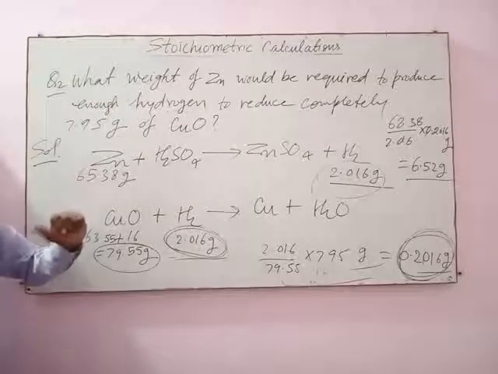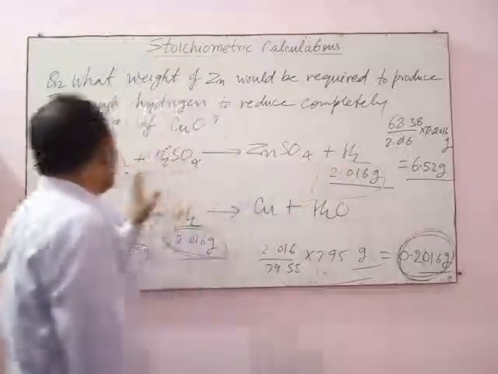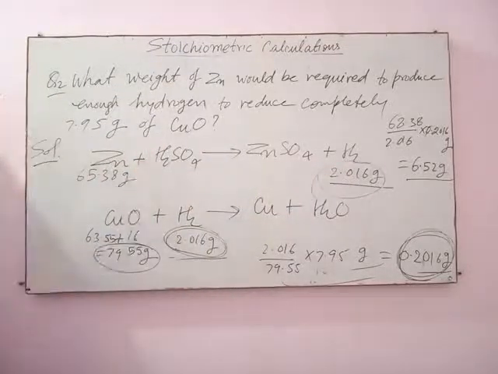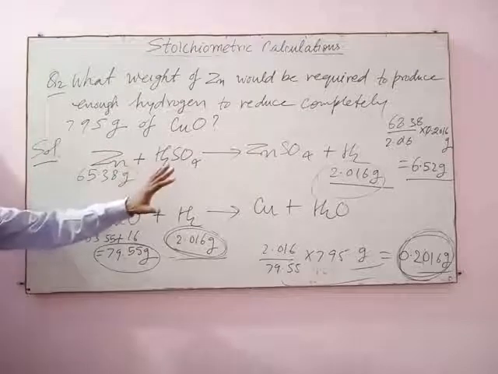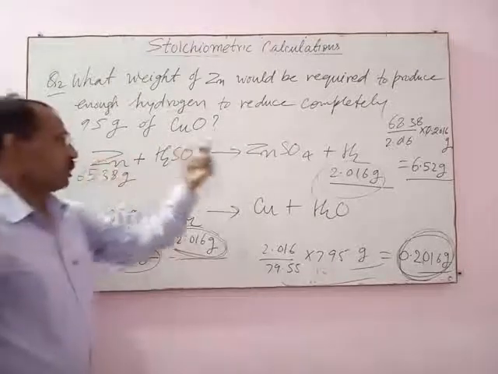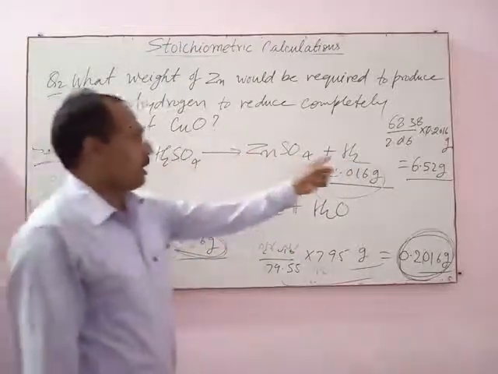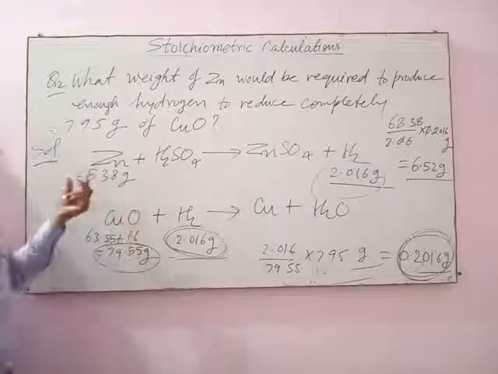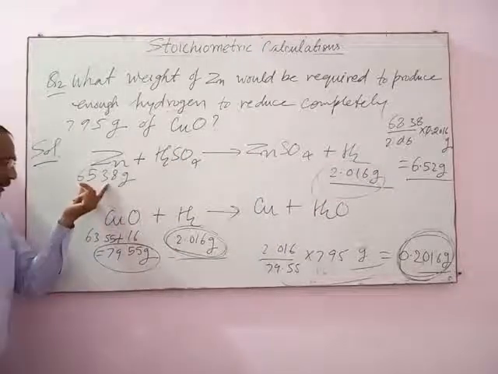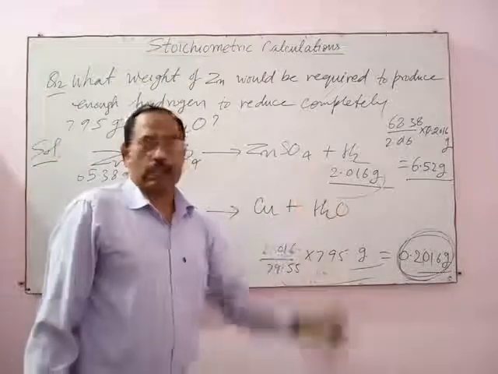Once again, I repeat. According to this question, hydrogen gas is produced by the action of zinc and sulfuric acid. In this equation, one molecule of zinc gives one molecule of hydrogen, or 1 mole of zinc gives 1 mole of hydrogen, or 65.38 grams of zinc gives 2.016 grams of hydrogen.